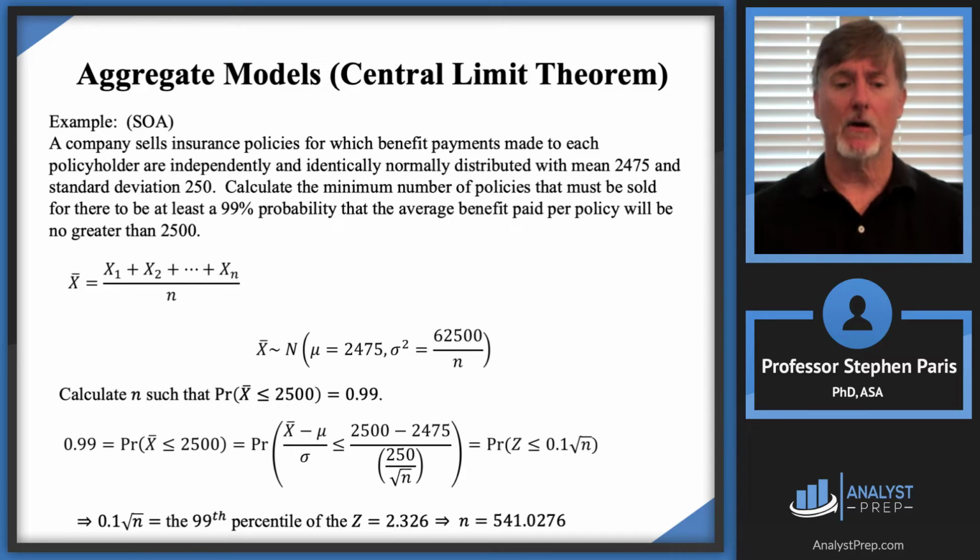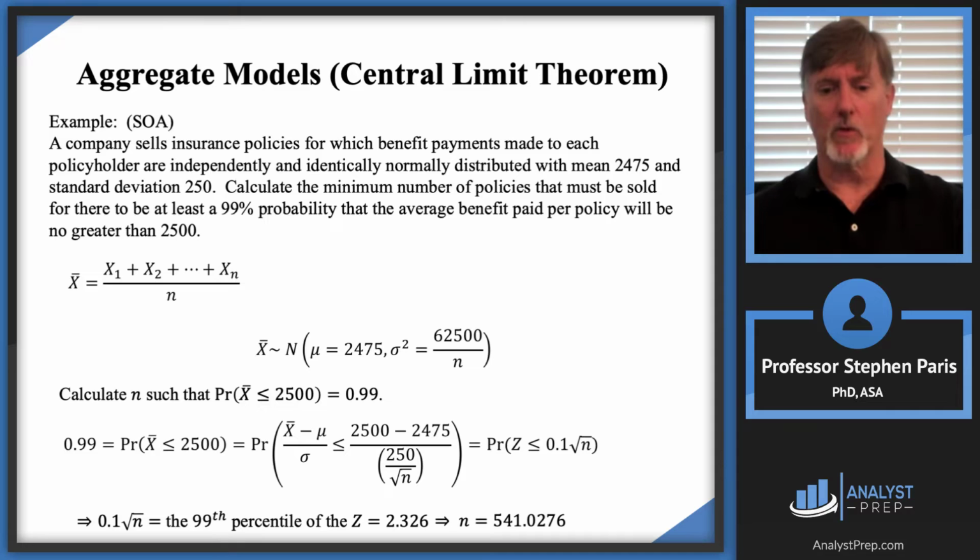541.0276. Now, n is the number of policies that are sold. It's not going to be a decimal number like that. If I go back to the problem, the last sentence in the question says calculate the minimum number of policies. Well, this is telling me that I need at least 541 plus. And so for the minimum number of policies, don't round off the n value, round it up.